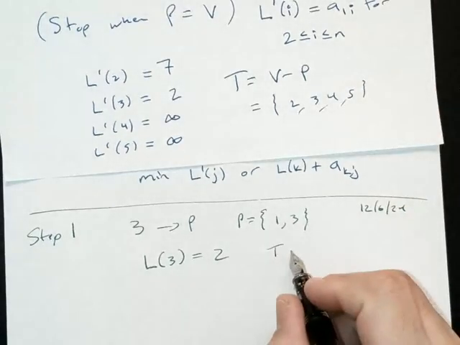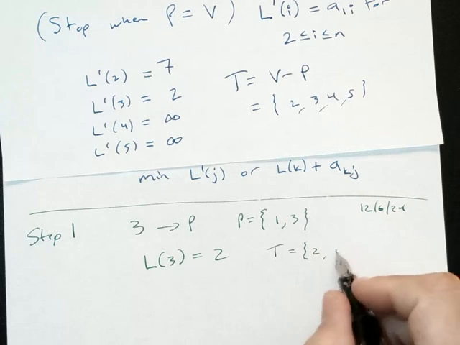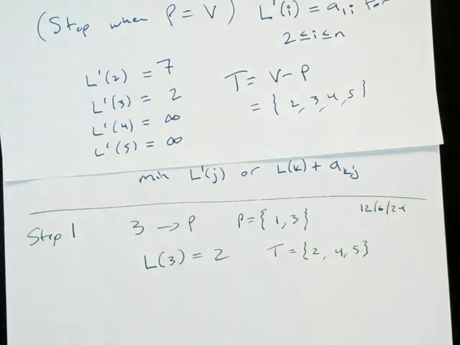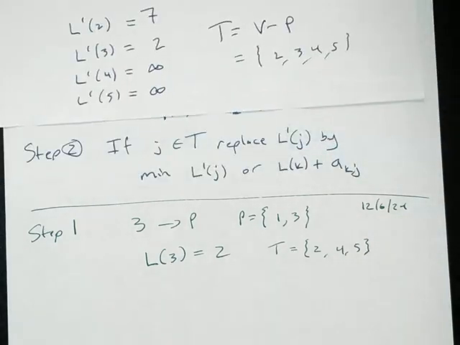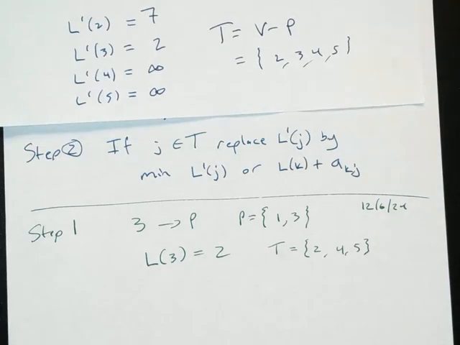Now, my new temporary pile consists of 2, 4, and 5. They still have their temporary labels. This step says I need new labels for all of those. I need a new label, L prime of 2, L prime of 4, and L prime of 5.